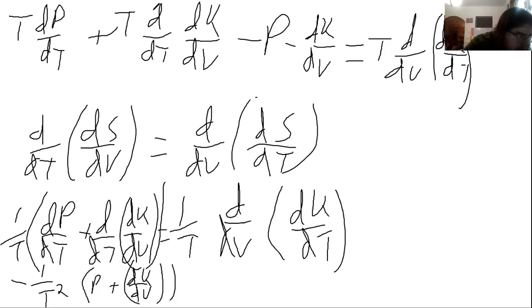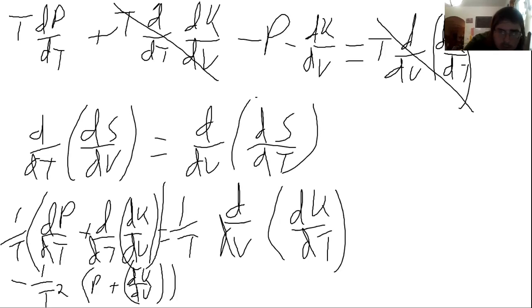We already stated that if d over dv du dt, since u is a state function, is equal to d over dt du dv. If u is a state function, then this term cancels out with this term. Those are the same, and I can subtract those out.